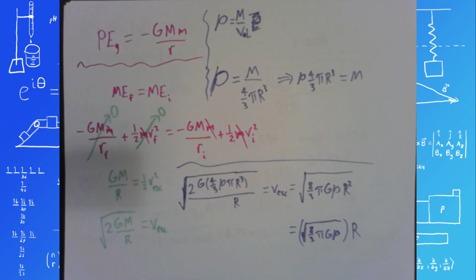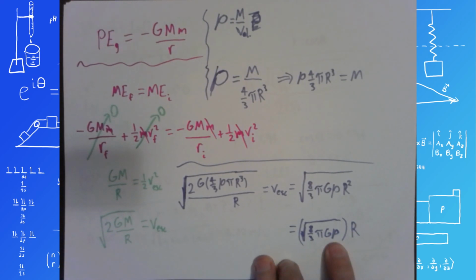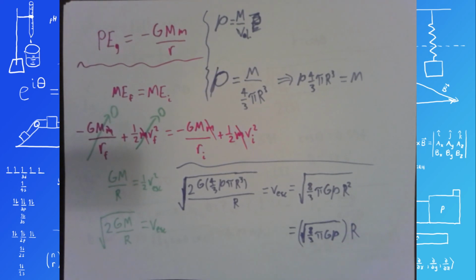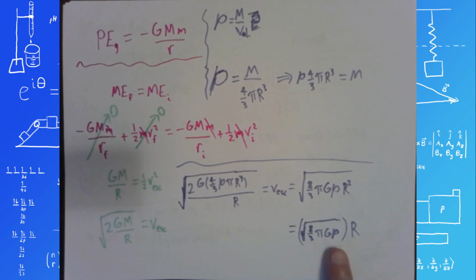Well, that's assuming that they have the same density, which is not very likely. So, yeah, don't read more into this than what it's actually telling you. The density of the planet still matters, so you haven't really simplified escape velocity as much as you might think.